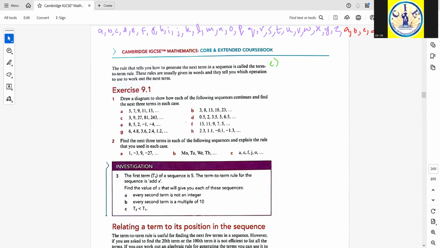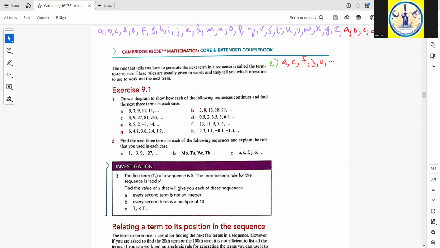I, J. Okay. For part C now, A, then C, then F, then J, then O, and then so on.